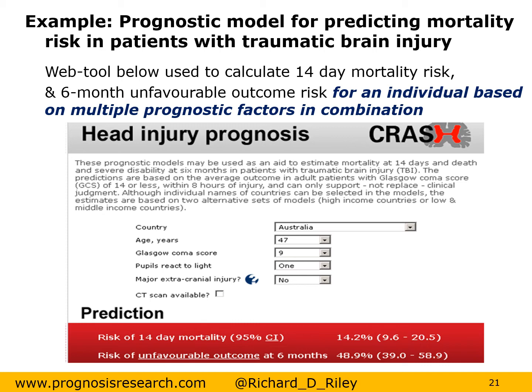Here it's country, age, Glasgow Coma score, reactivity to light, whether there was extracranial injury, etc. We enter the values for this individual patient, and the model behind the scenes would give us a risk of 14-day mortality and also the risk of unfavourable outcome at 6 months. So for 14-day mortality it's 14%, and for 6 months it's 50%.